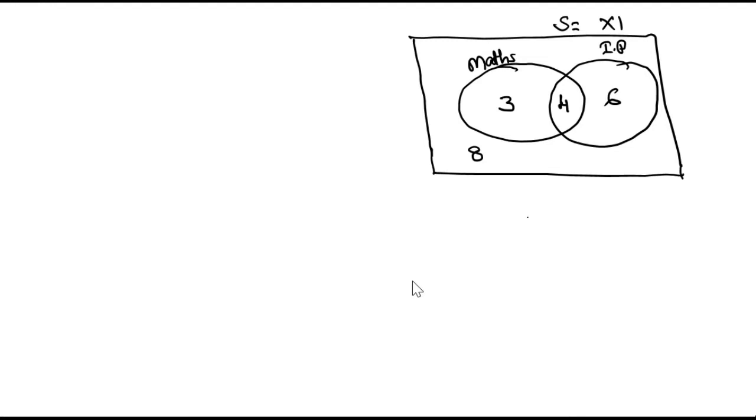So if we ask how many students opted maths? Here you can see this 3 and 4. This is the total number of students who opted maths.